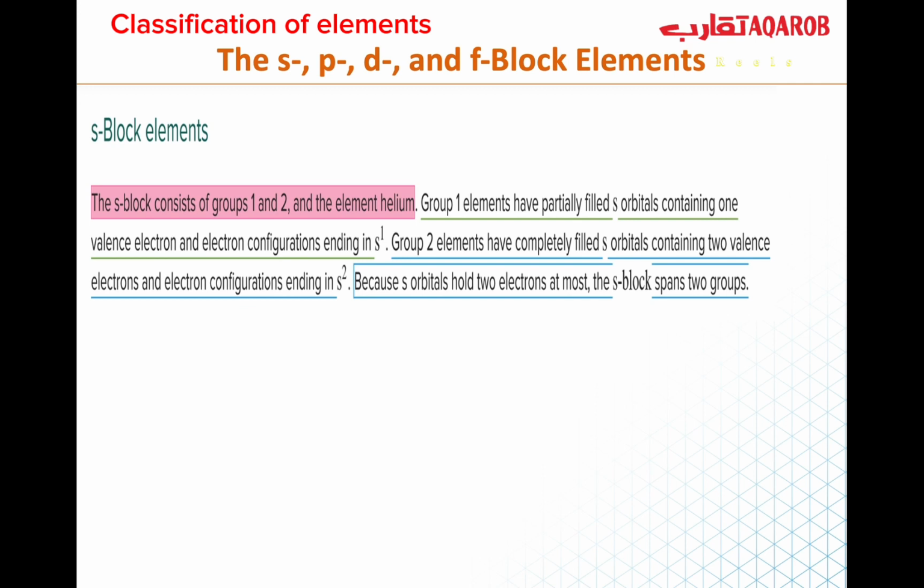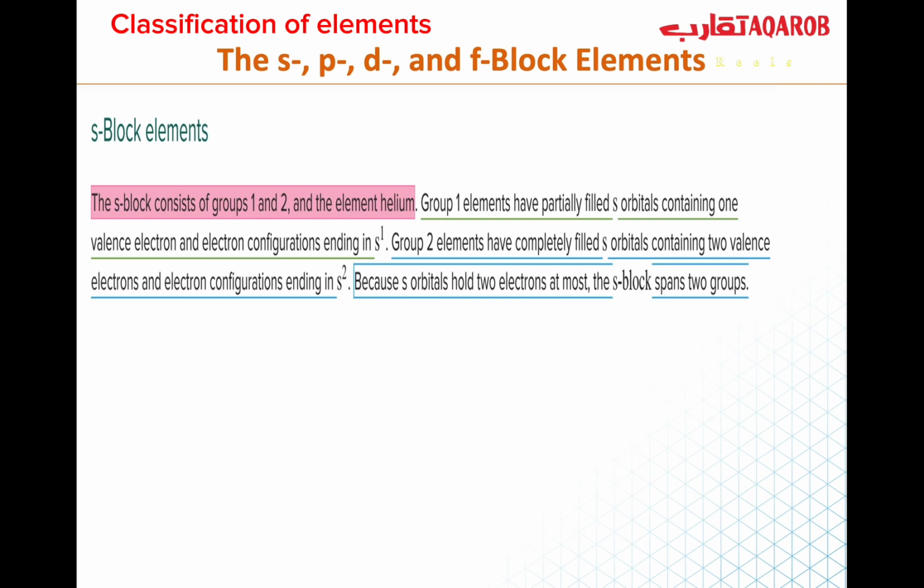Elements in group 1 end with S1, so we have only 1 electron in sublevel S. That means they have partially filled S. So group 1 elements have partially filled S orbital containing 1 valence electron and the electron configuration ending with S1. Group 2 have completely filled S.